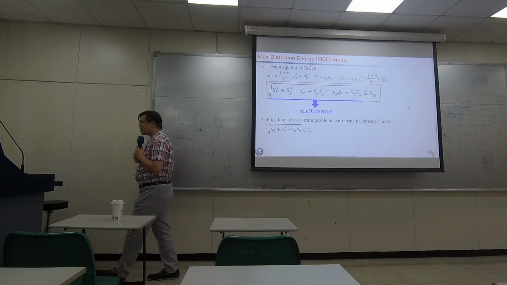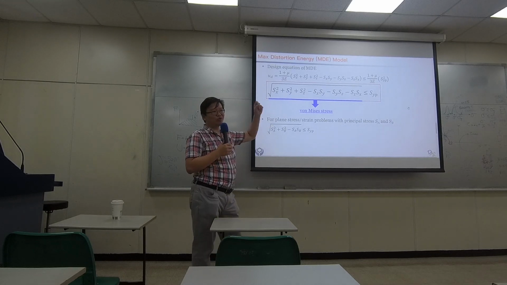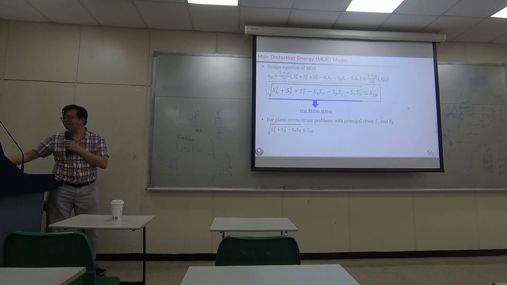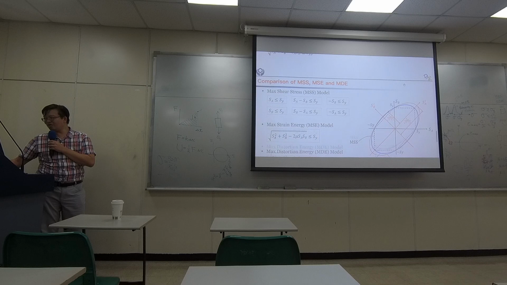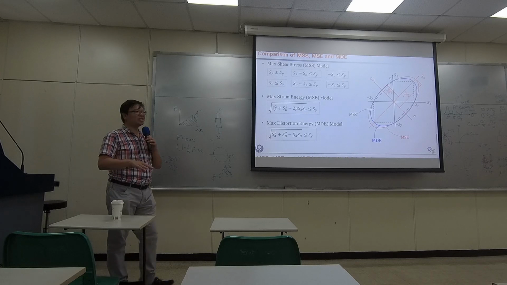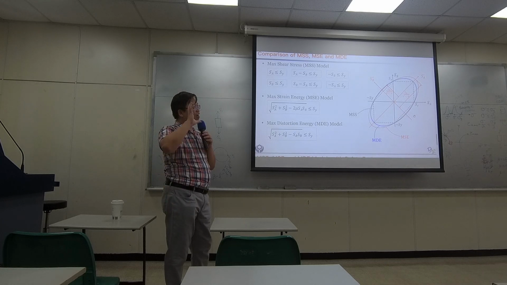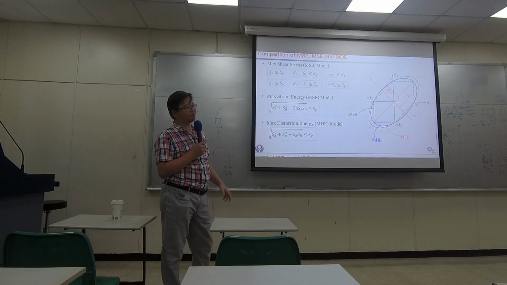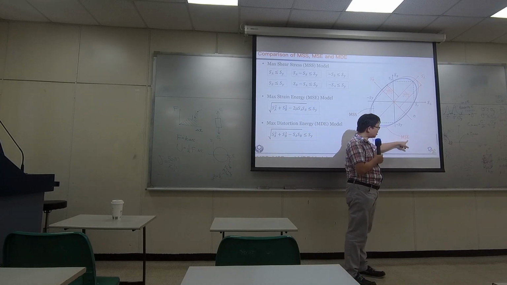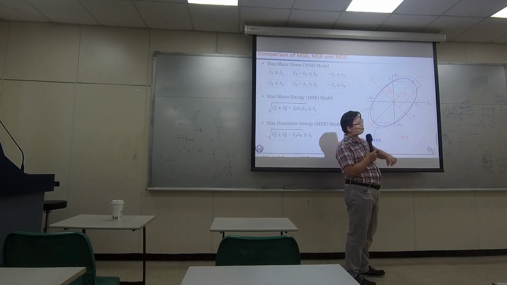Okay? So at the end, the maximum distortion energy model has no Poisson ratio. There's no Poisson ratio here. So at the end, the maximum distortion energy model is basically the same equation treating the Poisson ratio as 0.5. If you want to memorize it more easily, the difference between the maximum distortion energy model and the maximum strain energy model is just treating your Poisson ratio as 0.5.